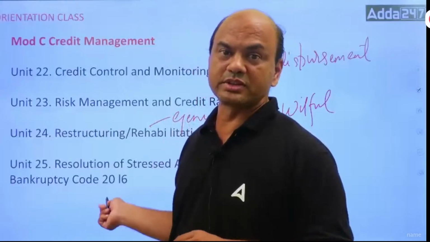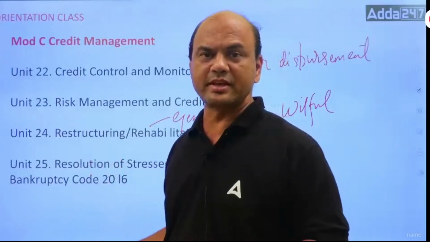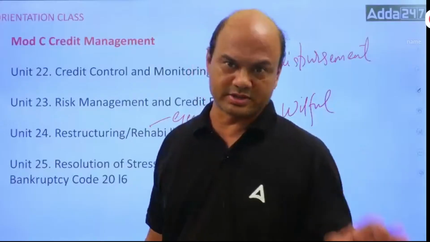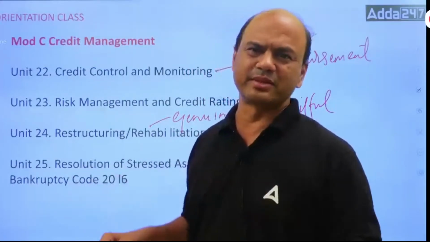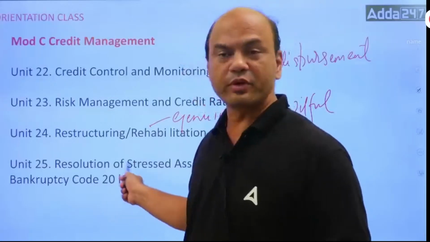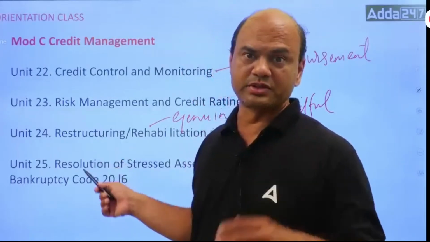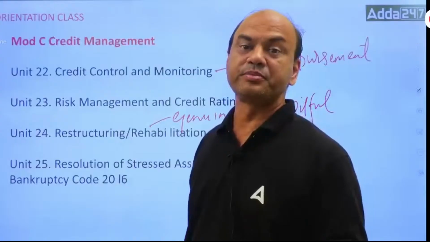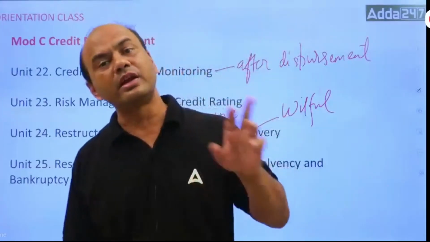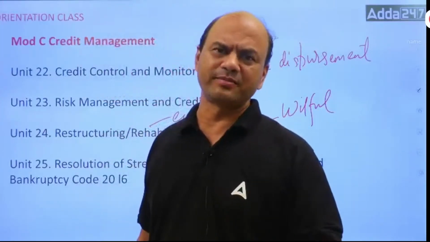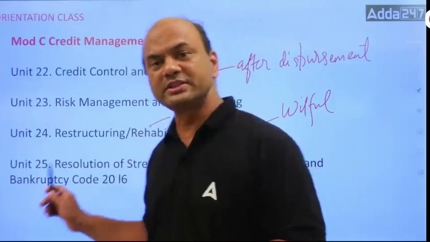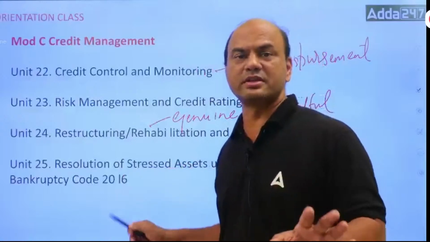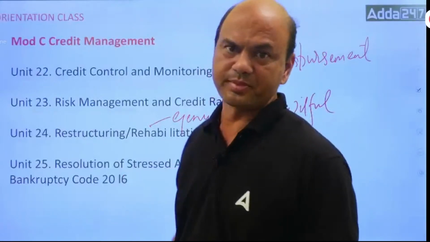But after 2016, after this IBC came, it's very fast. Banks can take over. This is for corporate loans, IBC, 6 months. Similarly, for retail loans, you have the SARFAESI Act. It's fast, isn't it? So this is about your overall structure, overall portion.